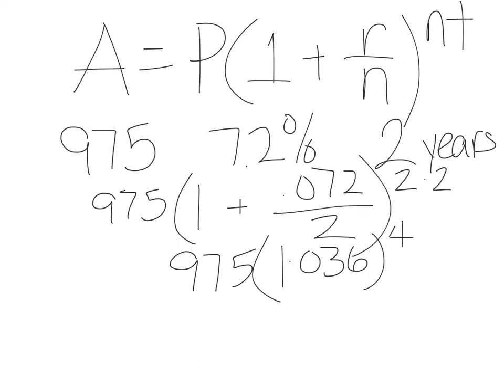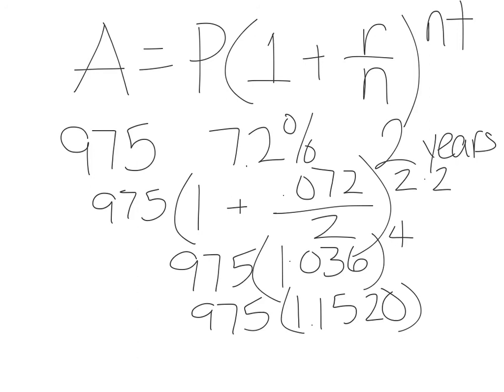So now in my calculator over here, I put 1.036, and I'm going to do that to the 4th power. And that looks like 1.15, and I'm going to go a little further. 20 times 975. And I did some rounding there, which means it won't be a perfect answer for what the book wants, but, hey, pretty close.